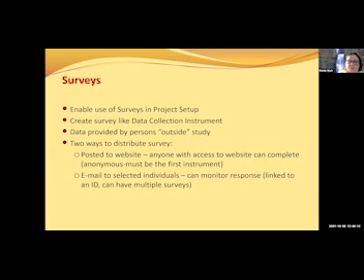The other way is that you can email selected individuals. If we just send out a link to everybody, this is going to be anonymous. It also must be the first instrument in the survey. So you send out a link and you don't know who responds. You just know you got a response.